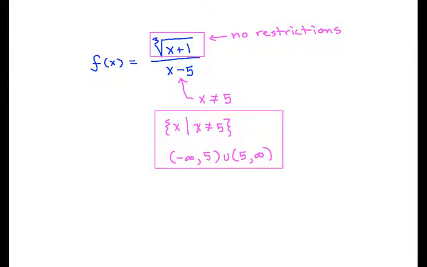So that's why we say that the odd index radicals provide no restrictions, rather than going with the slightly simpler message that a cube root function always has domain all real numbers. Cube roots can show up in combination with other situations that may bring in some domain restrictions.